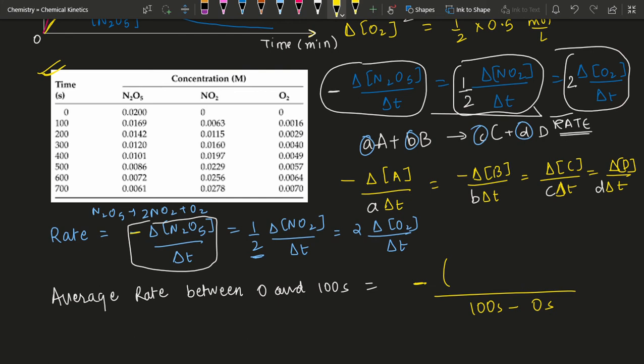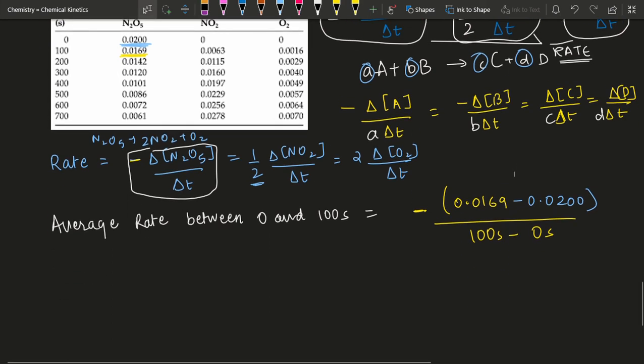The concentration of N2O5 at 100 seconds is 0.0169, and at 0 seconds it was 0.0200. Notice you're not doing this for good math, so it doesn't necessarily require the bigger number first, since the negative sign will level everything out. If you're troubled by the sign, you can just remove it and always try to get a positive expression for the rate.